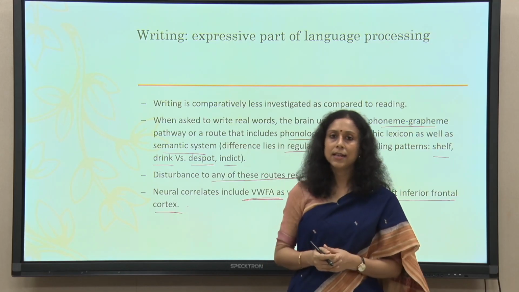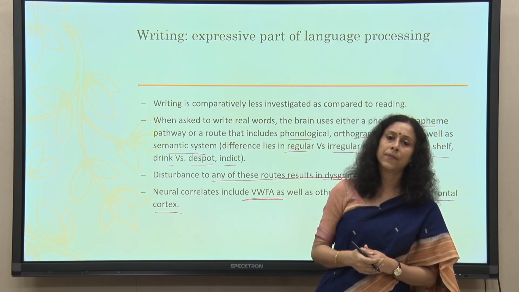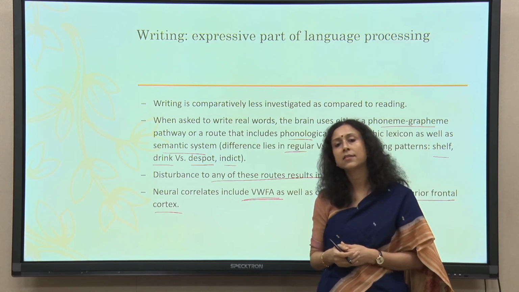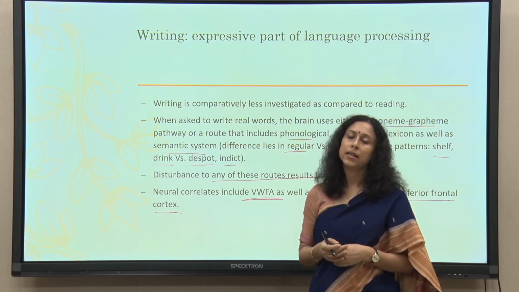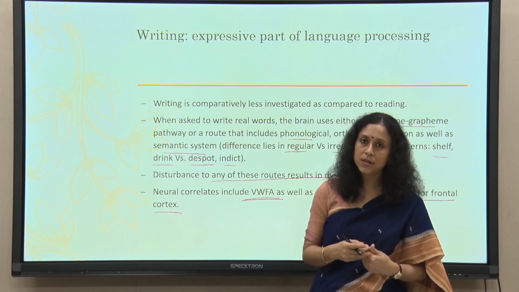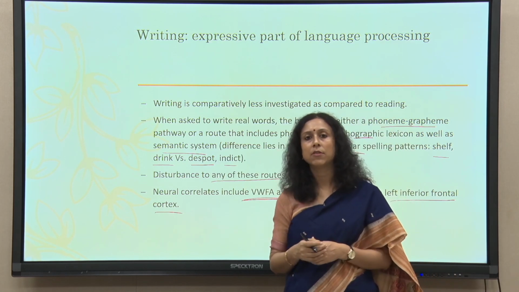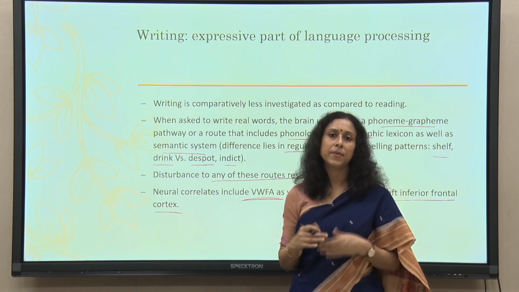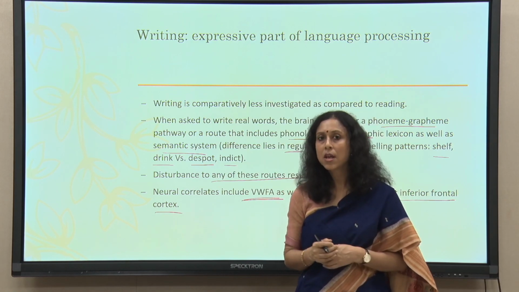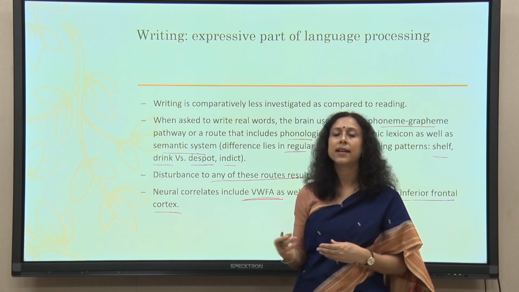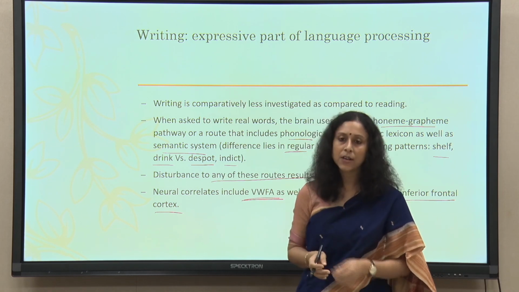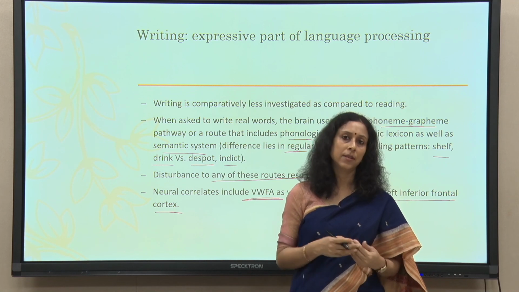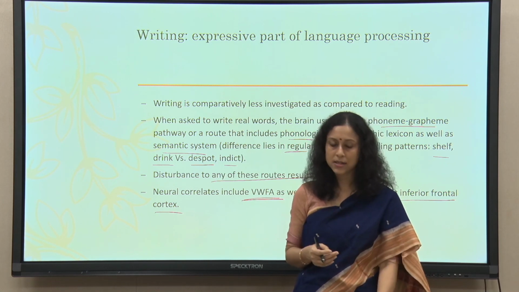So, with this brief overview of the various kinds of language functions, we have seen that both the disorders of language as well as normal language functions in speaking and listening, that is speech production and speech perception, as well as reading and writing, all these aspects of language have their own neural substrates that are responsible.